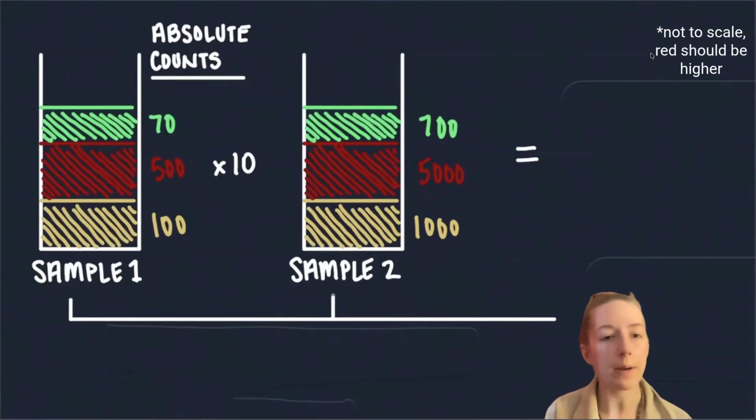We're not fully aware of the scale that was originally in our sample in terms of absolute count. So we might have a sample that has 70 green, 500 red, 100 yellow microbes, and then another sample that has exactly the same ratio, yet 10 times more of all of the microbes.